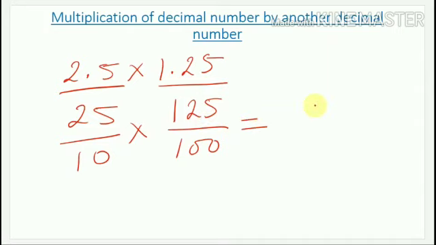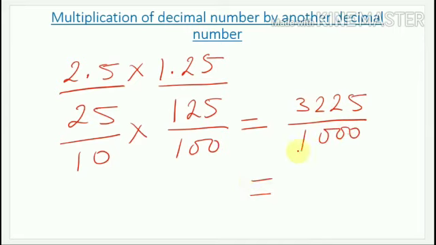So it becomes 3125 upon 10 into 100, that is 1000. Now convert this fraction into decimal. So 3.125. This is the answer.